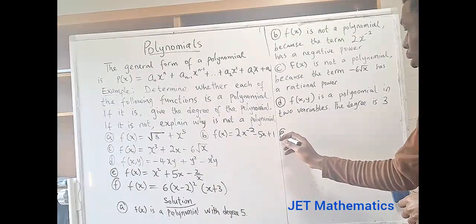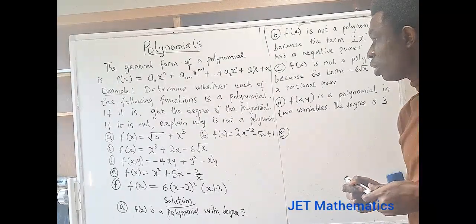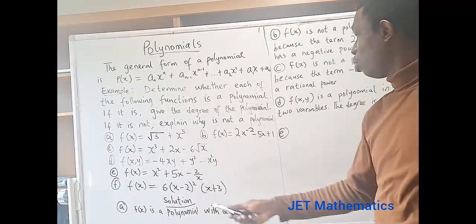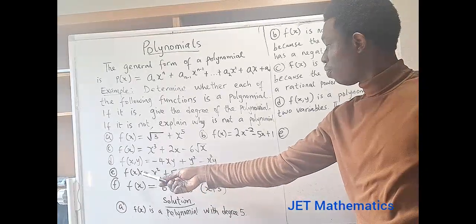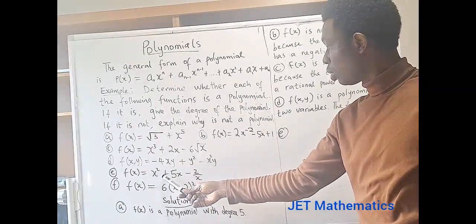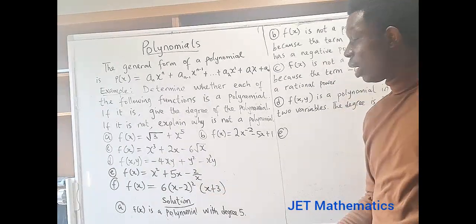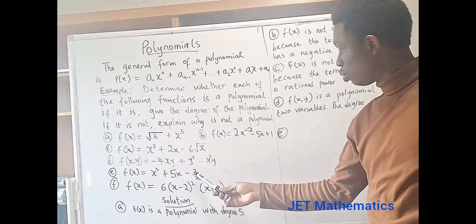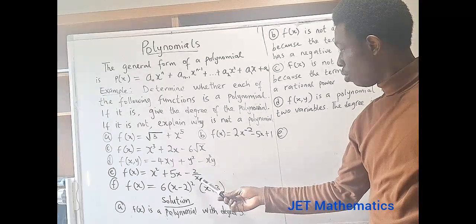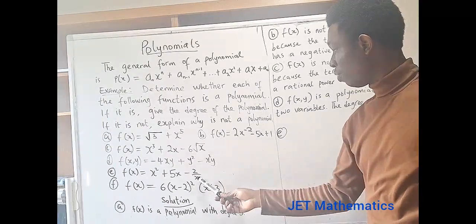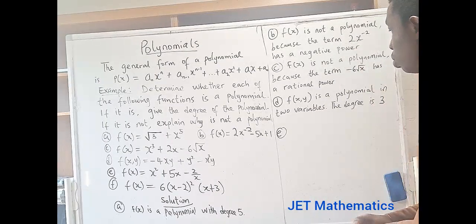Quickly, let's look at e. We have f of x is equal to x squared plus 5x minus 2 over x.